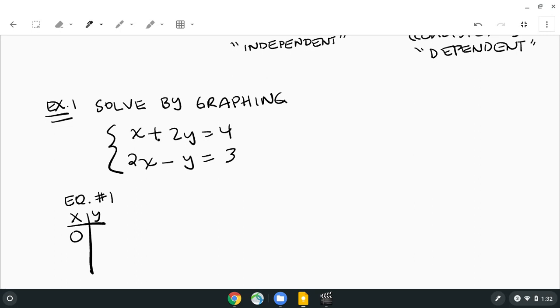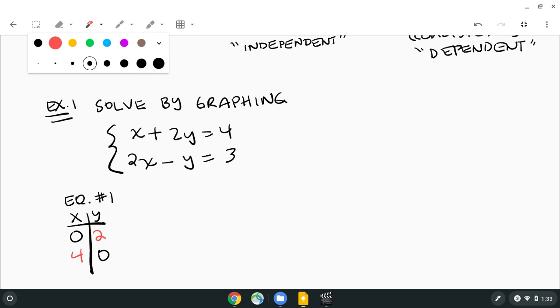Plug 0 in for x, and I get 2 for y. And then I like to choose 0 for y. So I'll plug that into the first equation again, and I get x equals 4. All right, so I would go ahead and graph this first equation.